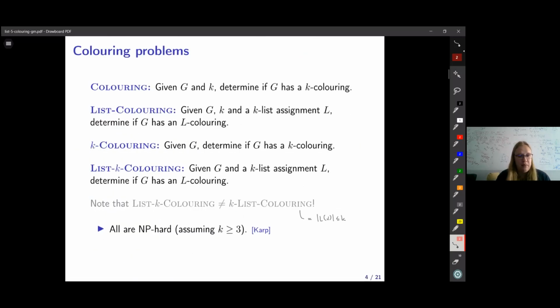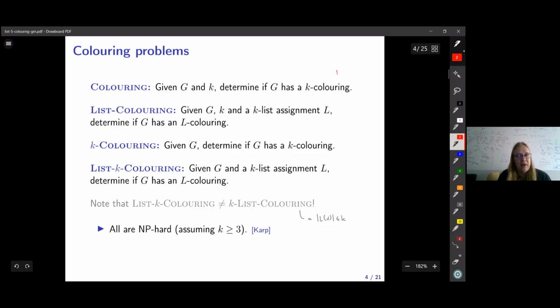So here are the main problems this is about, and we just talked at length about the difference between coloring and list coloring, which is you're given a list for list coloring and for coloring you're not. And then there's also an important distinction for the computational problems, which is whether K is part of the input, which seems a weird distinction, but it makes a difference because if I'm looking at coloring, the graph G and K are both part of the input.